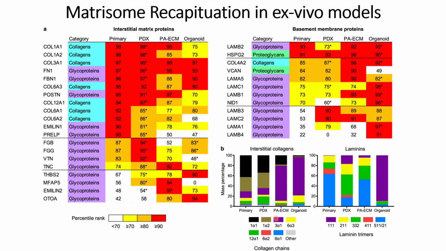However, one more thing that the researchers pointed out is that the composition of the PA-ECM resembles the primary tumor more than the organoid does. After that, they also checked the laminin composition in the different ex vivo models and the primary models.